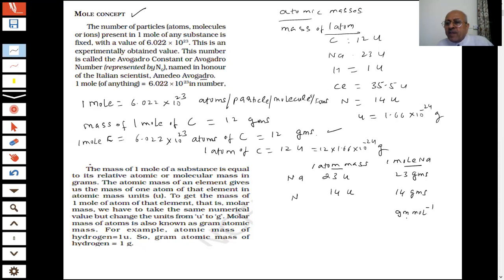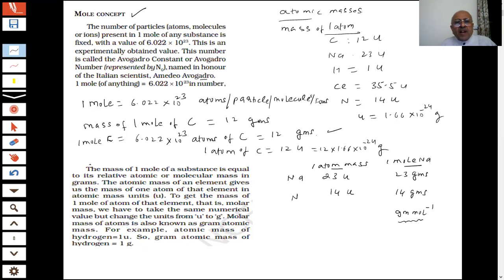Gram per mole means that here we are talking of the mass of 1 mole of the element, molecule, or substance. Therefore, the mass of 1 mole of a substance is equal to the relative atomic or molecular mass in grams. The atomic mass of an element gives us the mass of one atom. To get the mass of 1 mole of atoms, the molar mass, we have to take the same value but change the U to g.